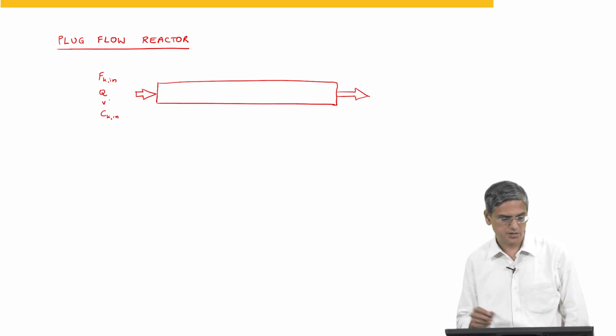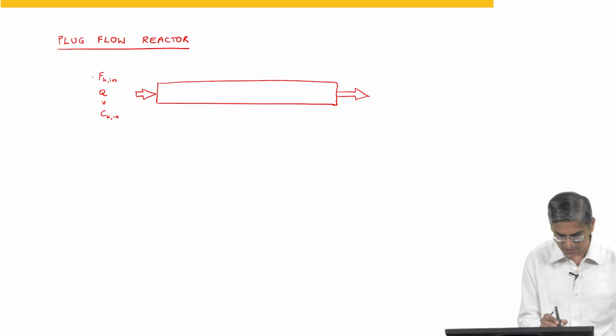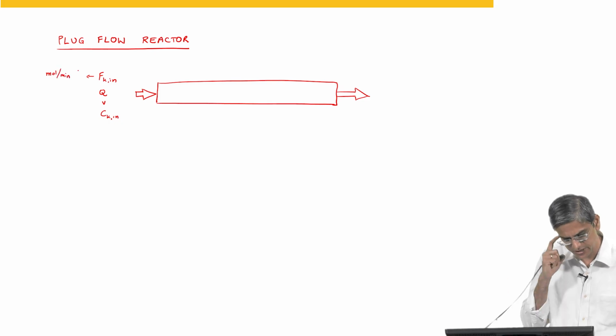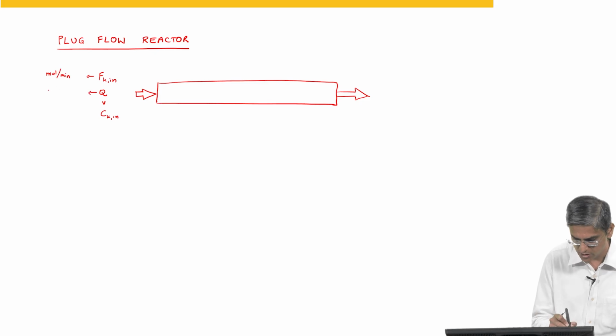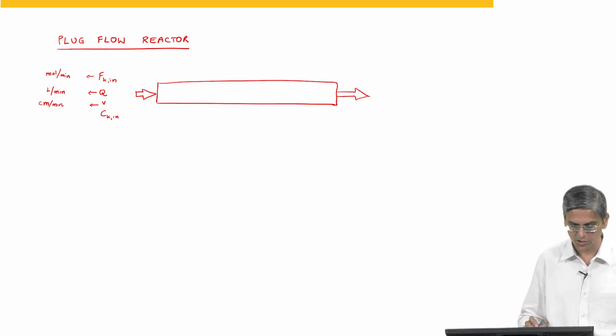The inlet can be specified in multiple different ways. It can be specified in terms of molar flow rate, that is moles per unit time. We will just use moles per minute, it could be moles per second, moles per hour. This is in terms of liters per minute, or volume per unit time. This is nothing but centimeter per minute, let us say, or meters per second or whatever it might be.